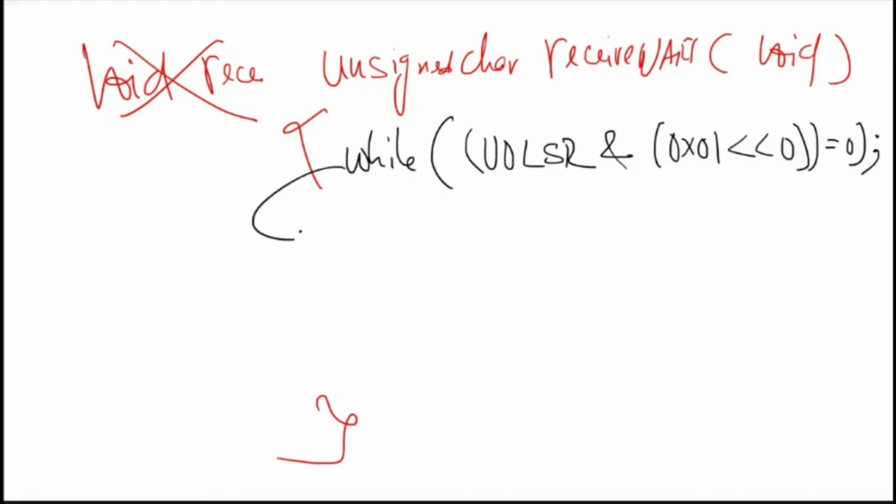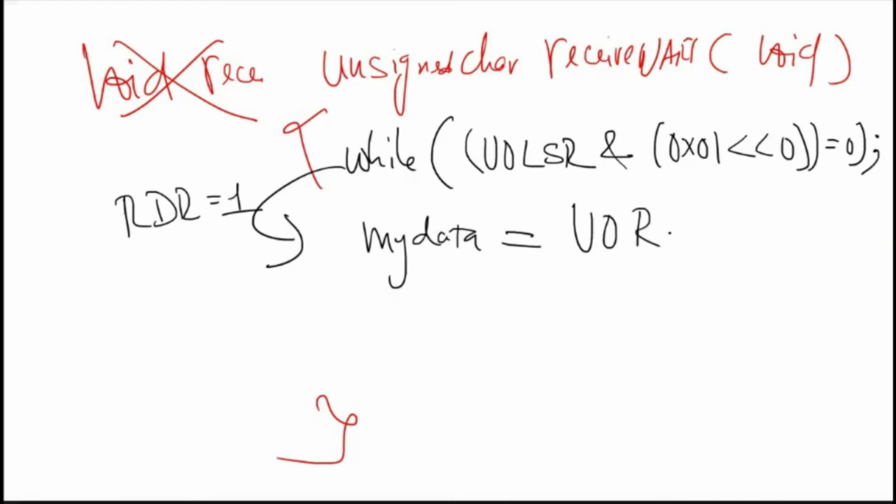The moment this condition fails, what does it mean? The receive data ready flag is equal to 1. In that case, somebody has given me data, and I read it. From where will I read? UART0 receive buffer register, RBR. The receive buffer register is the place where the microcontroller receives data, which I assign to my data and return to the user.